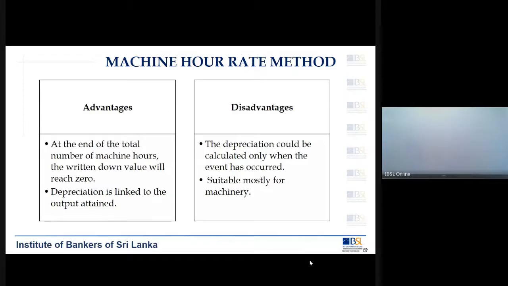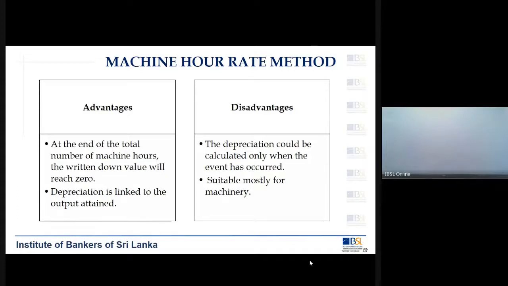What do you mean by the event has occurred? Only when there is production, the depreciation will be calculated. Then it is suitable mostly for machinery, because you can't use this for tables, chairs, computers. There is no relationship. But when you are using it for machinery, yes, because you are talking in terms of production versus the usage of the machine.